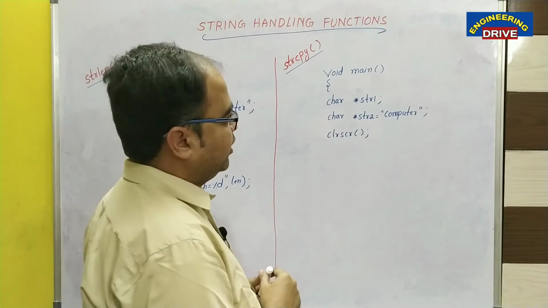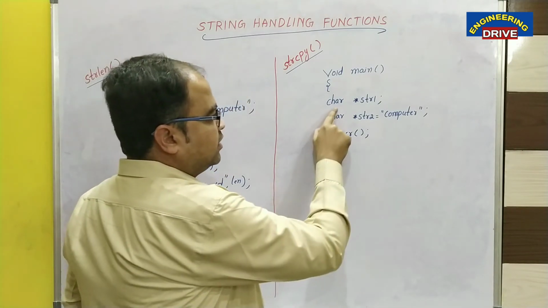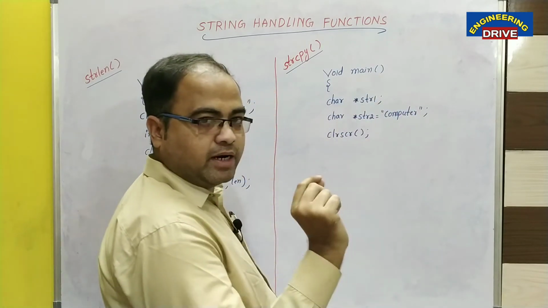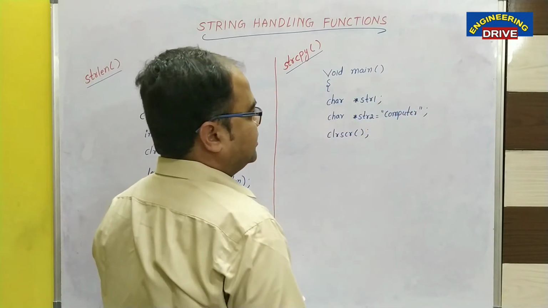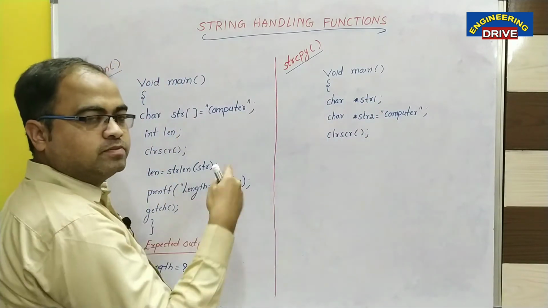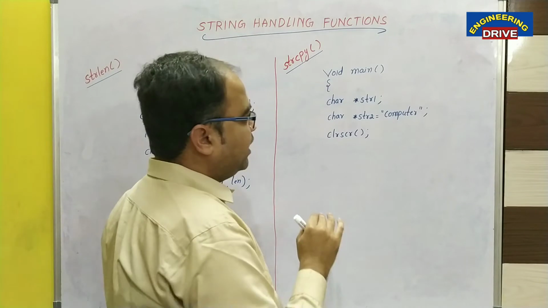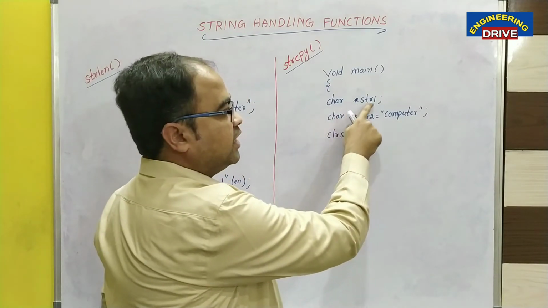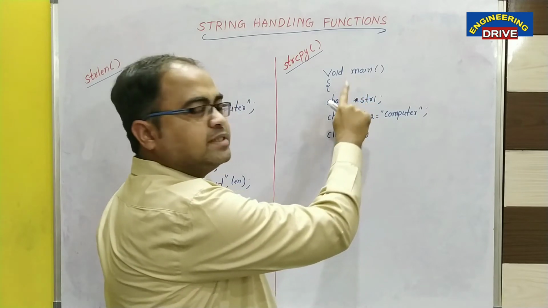this example program now. Now my dear students, we can declare the string in one more way by using a pointer also. You can see a star symbol, star str1, or you can make use of this method also. Both will work the same. So I am using one more method here, that is the pointer based method, star str1. What is the size?